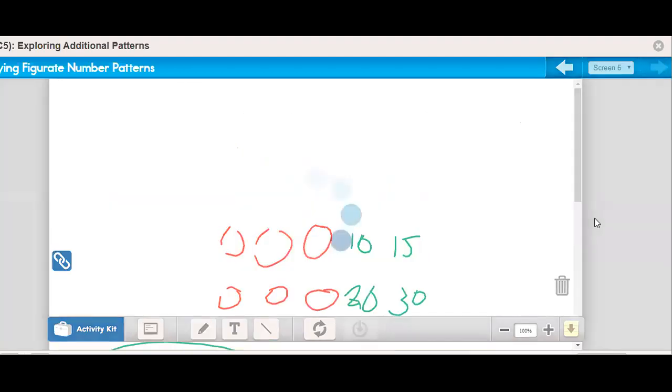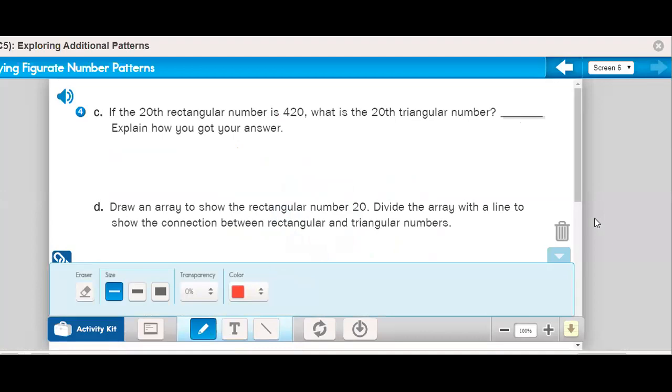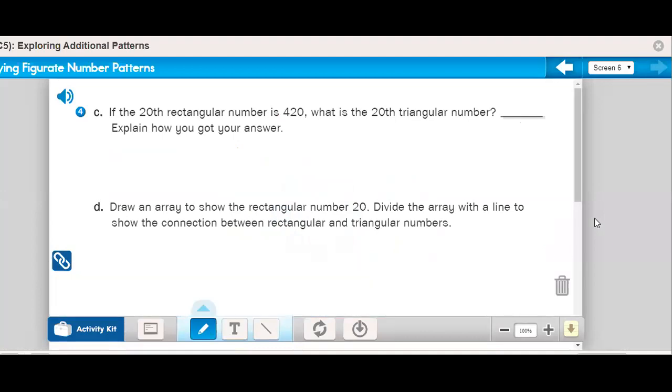So when we look at this number and they give us the answer is 420 for a rectangular number, well, how would we know for the 20th number, even though that's scary sounding? 420 divided by 2. Well, 2 can go into 4 how many times? It can go into there twice.